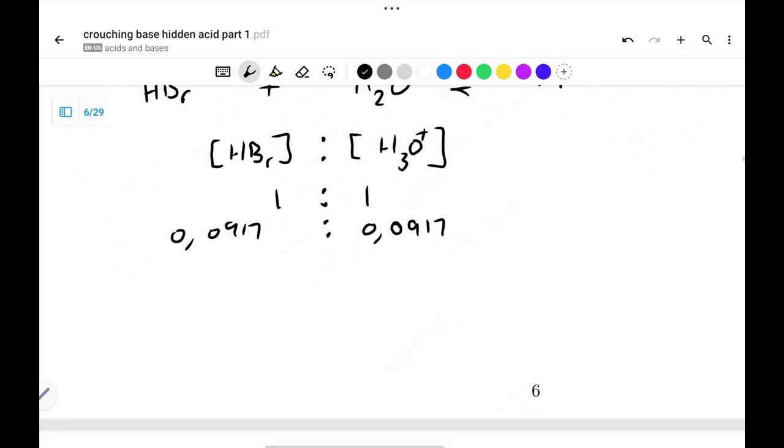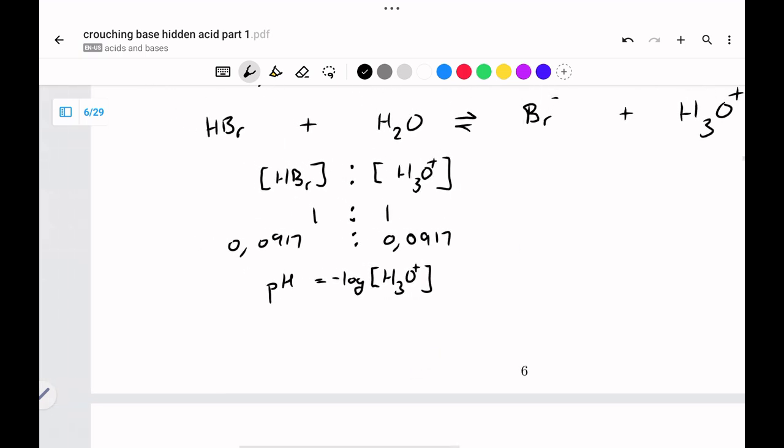And now we can use our pH formula. I still have this number in my calculator, so I'm just going to take the logarithm of that.